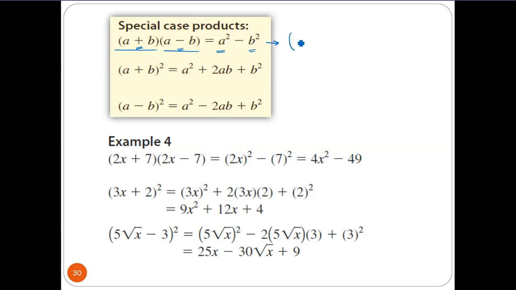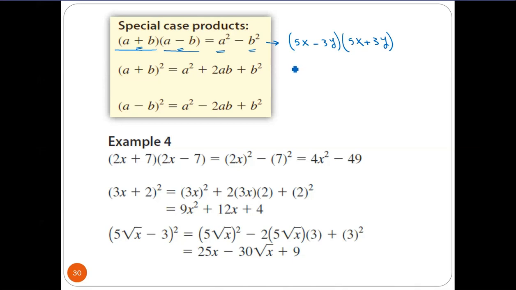If we have 5x minus 3y multiplied by 5x plus 3y, this is the same terms, 5x, 5x, 3y, 3y, but one negative and another positive. Don't worry if the first is negative and the second positive, or addition, subtraction, addition, this is the same result.